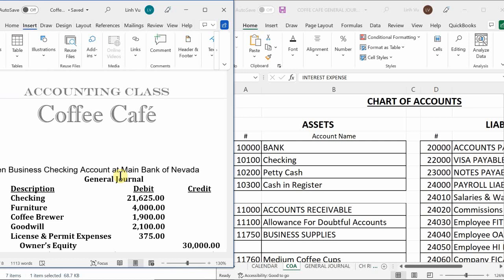Okay? So here are the things that we need to recognize because now we need to backtrack because now I don't have $30,000 anymore, right? I had to buy the business for $8,000. I also had to buy licenses for $350 plus the $25 cost, right?